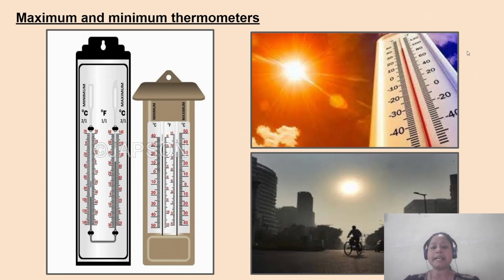During afternoon, around 12 o'clock or 12:30, the temperature rises drastically, and early morning, if one observes, it's not much warm. It's pleasantly warm. It's not very hot, not as scorching as it is around afternoon. So this can be experienced, and it can be measured with the help of the maximum and minimum thermometer.